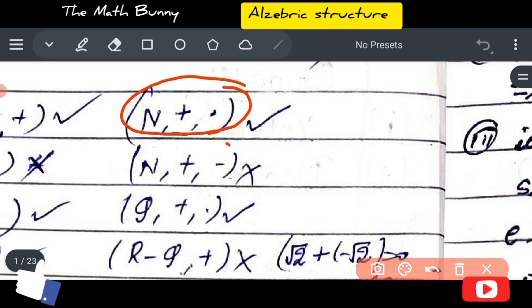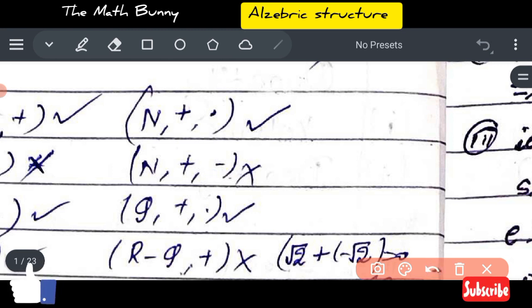If you add natural numbers, you will definitely get a natural number. But here is a subtraction sign, so if you subtract them, then there is a chance that you can get a negative number. So this is not an algebraic structure. This is also an algebraic structure, as you can check.